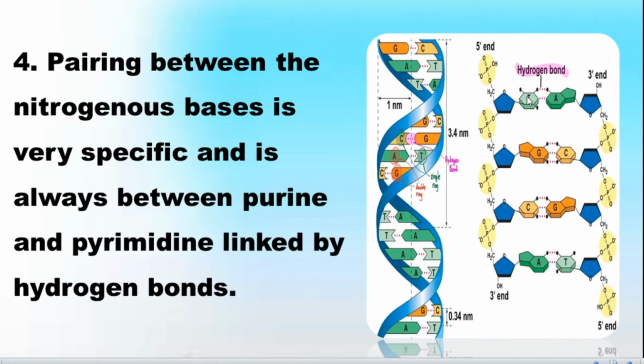Already we have studied what the purines and pyrimidines are. Anyway, from this we should know that purine always pairs with pyrimidine by hydrogen bond.